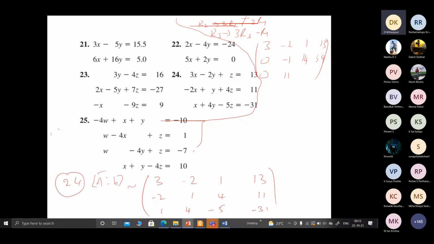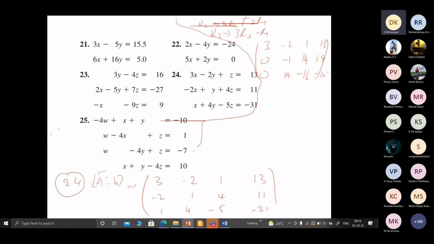First row, top row, correct. Then minus 15 minus 1, minus 16. Yeah, correct. Then minus 93 minus 13. How much? Minus 106. Yes, sir.